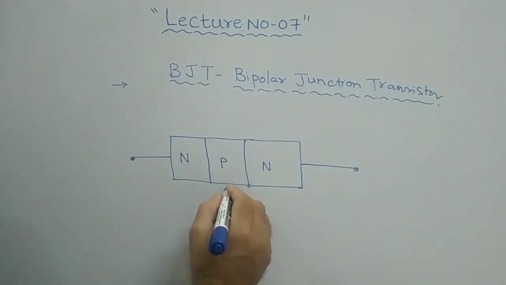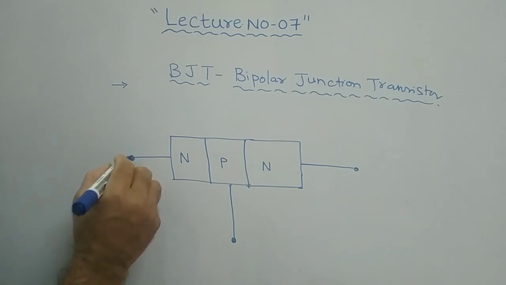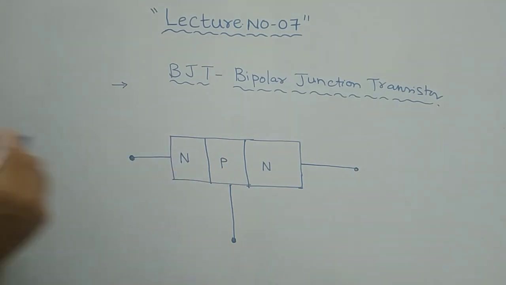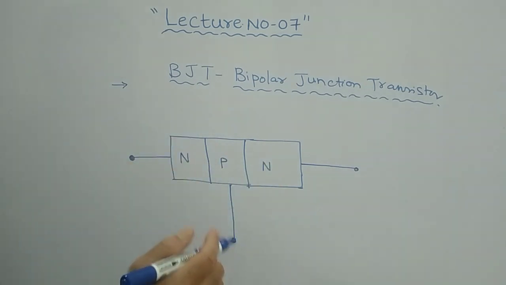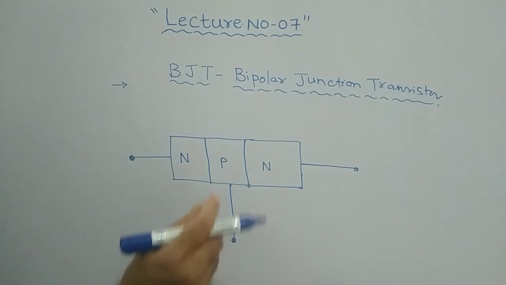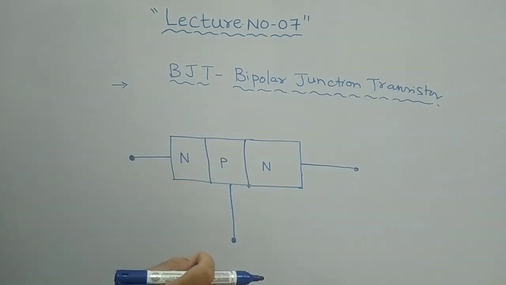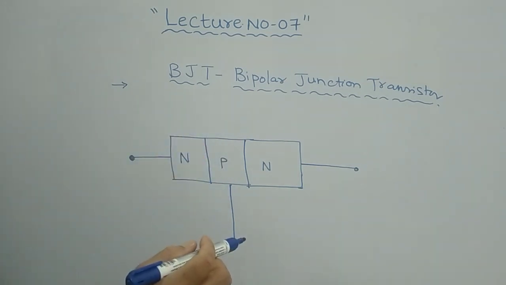The middle one is another terminal. If you take an N-type semiconductor bar, a small portion of it is diffused with P-type material, so that an NPN transistor is formed.